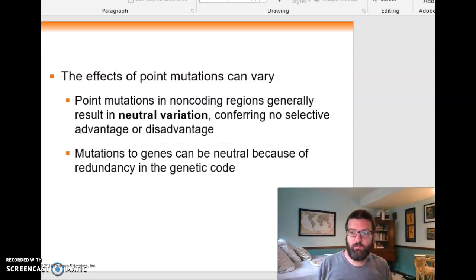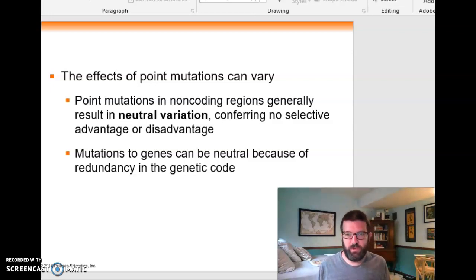In addition to harmful or positive, you can also just have neutral variation, right? You can have point mutations that just don't really cause any change, advantage or disadvantage. They may not even change which amino acid gets placed in a protein because there's some redundancy in that code.